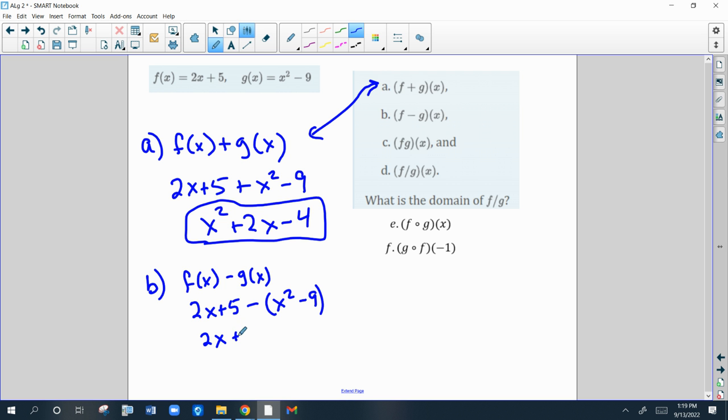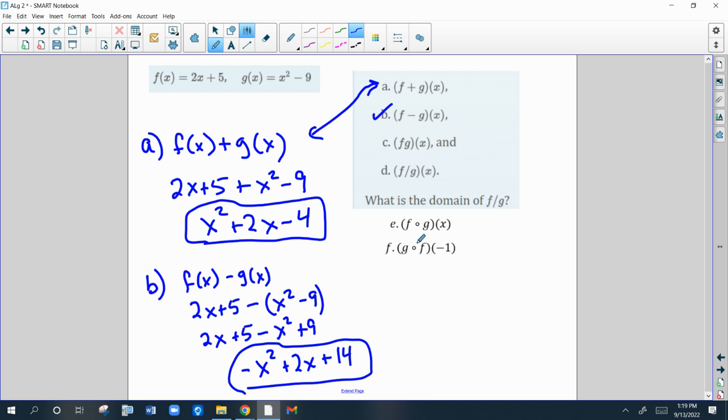That way you should remember to distribute the negative to the x squared and then negative 9, so it becomes positive 9. And then do the same thing. Write your terms in order. Negative x squared plus 2x, and 5 plus 9 you can combine to be plus 14. So that's subtraction.